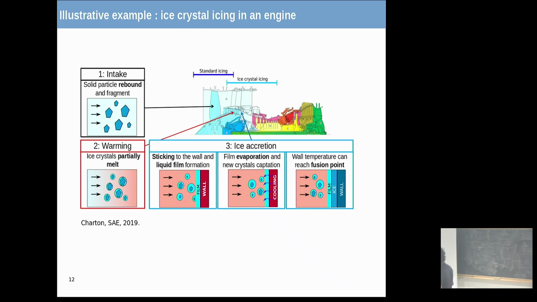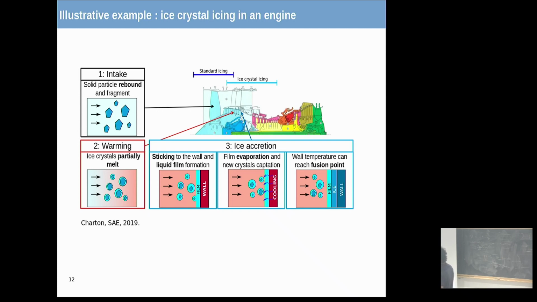They are partially liquid water, so they start sticking to the wall where there is no ice, and a liquid film appears due to sticking of the ice particles, and since the environment is hot, some heat is drawn from the wall, and little by little some ice appears on the wall.